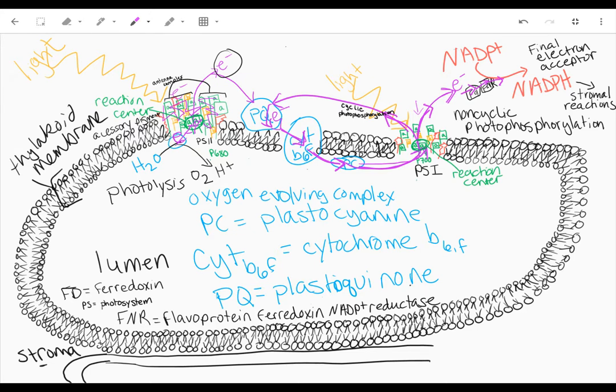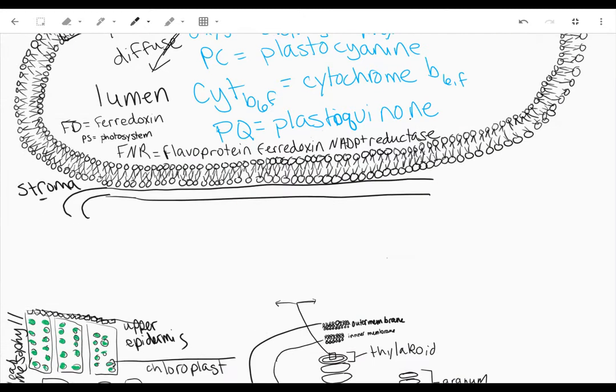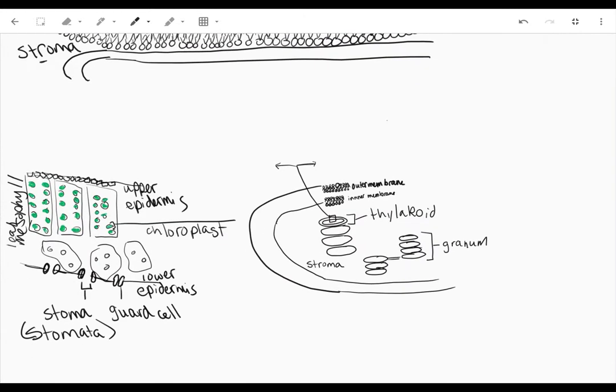The oxygen that we just made is going to diffuse out of, remember where we're at, I drew this earlier, so let's go down there. Remember, we're in the leaf, and we're in one of these chloroplasts.